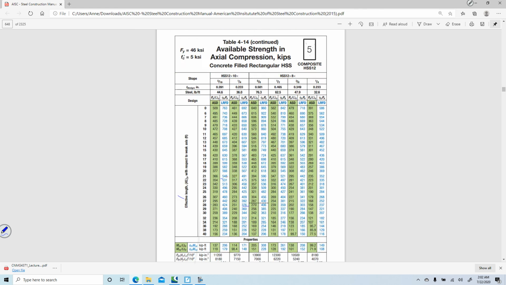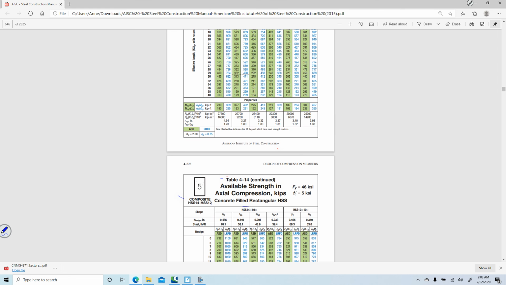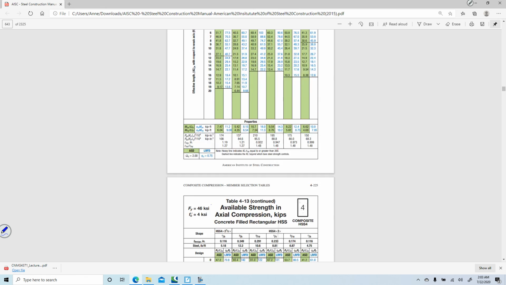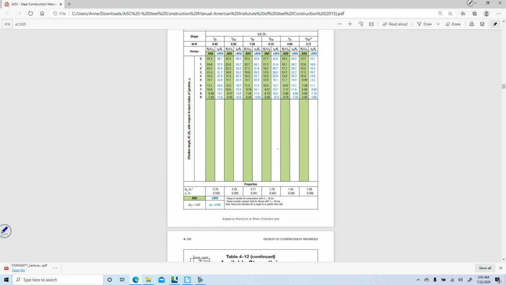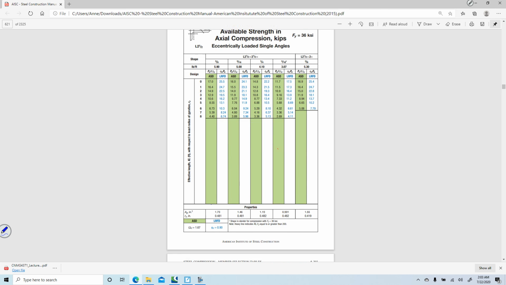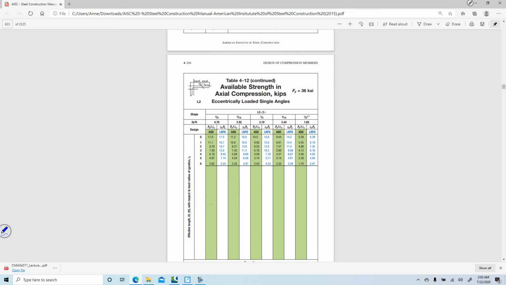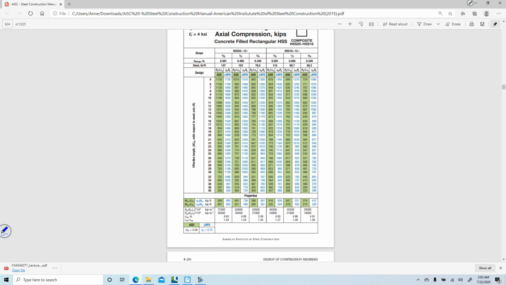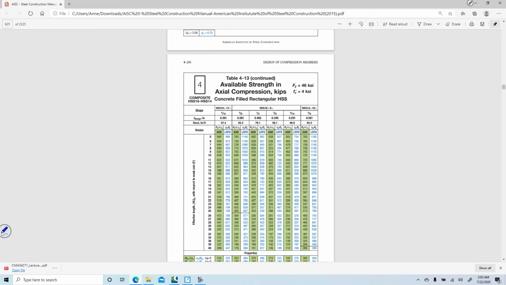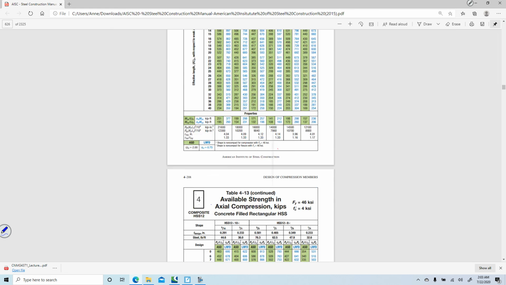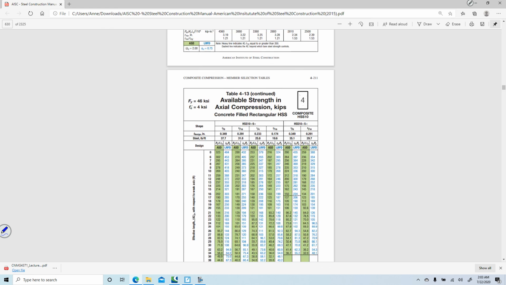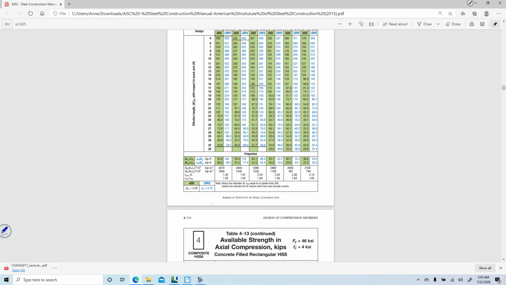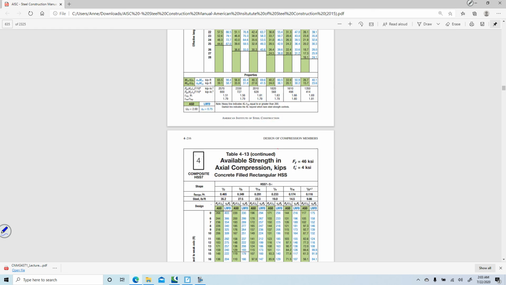Ooh, look at that. Slightly different page numbers, so don't look at it. Oh, and that's a totally different table. Oh no, please tell me it's not different.